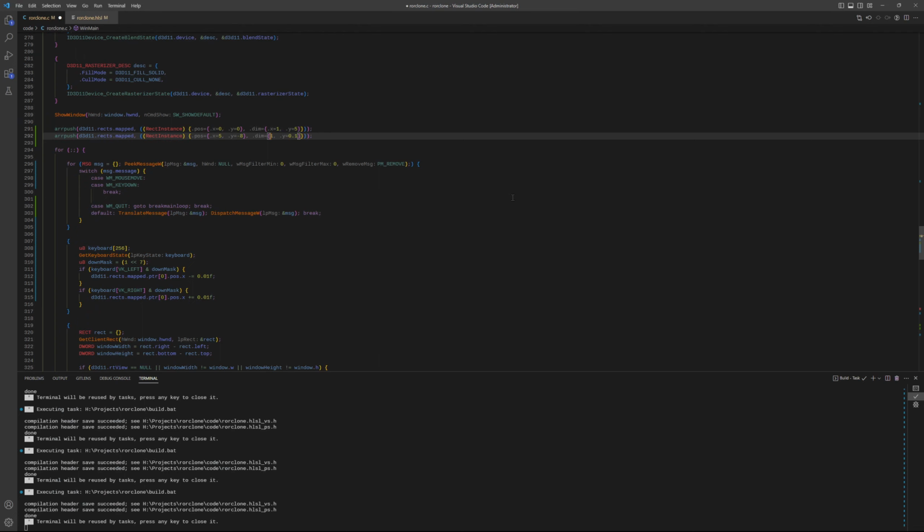So let's say we have this other rectangle, which is going to be shorter, and it's going to be on the same x-plane, and it's going to be to the right.